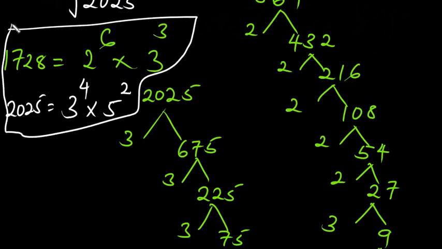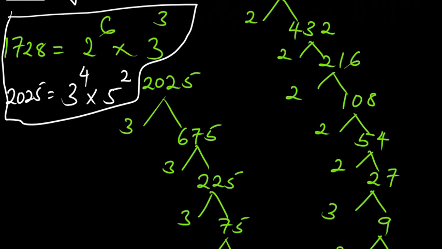So we are now going to move on to the second part of that question, which is requiring us to find the cube root of 1728 and the square root of 2025.